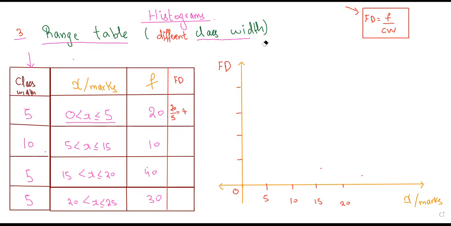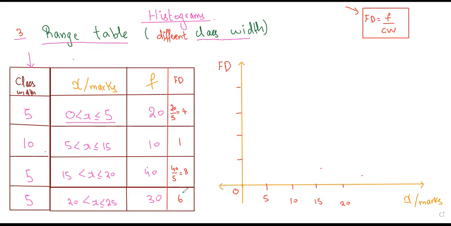Okay, very good. What about the third one, Turhan? It would be 40 over 5, 8. Very good. And for the last one? That would be 6. Very good. Excellent, Turhan.